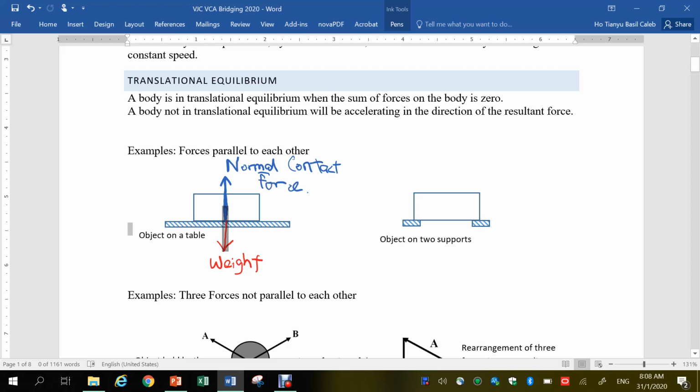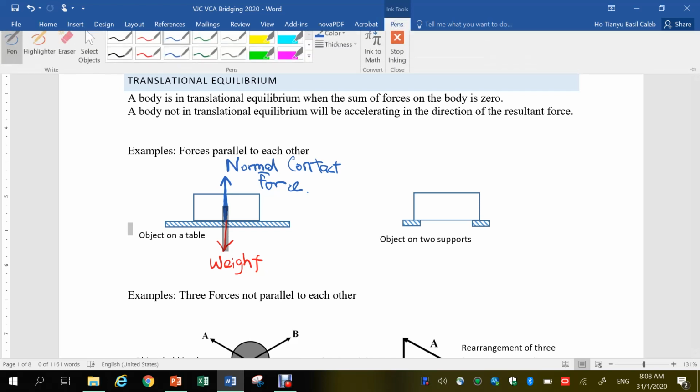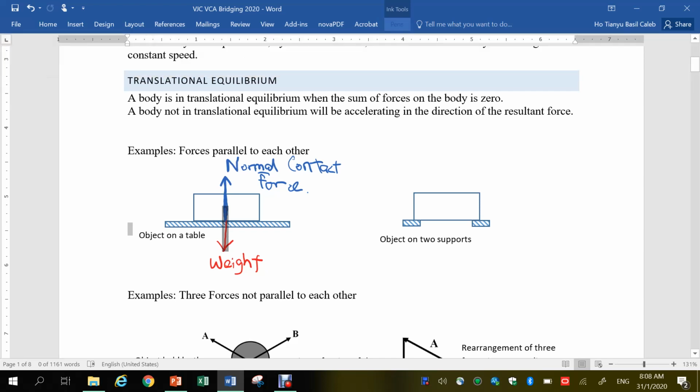Sometimes you have an object balanced on two points. How would you draw the forces here? Same thing. We always start with weight because that's the easiest. Let me just call it W to make my life easier. We can see the normal contact force now, there's two of them acting from the two supports on the sides, and each arrow should be half as large.